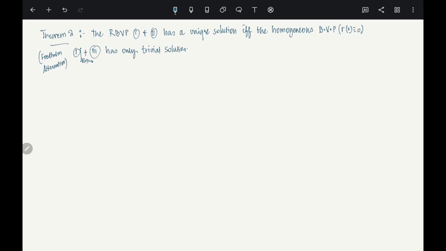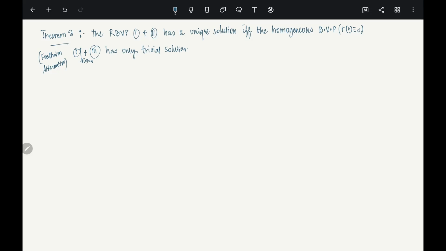You can have similar results even for PDEs. Essentially, it is saying there is a dichotomy between the inhomogeneous equation and the homogeneous equation. If the homogeneous equation has only the trivial solution, there is no other solution.